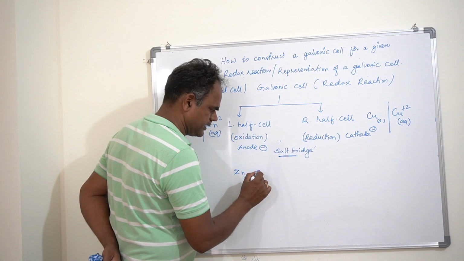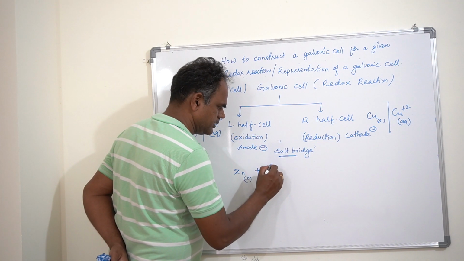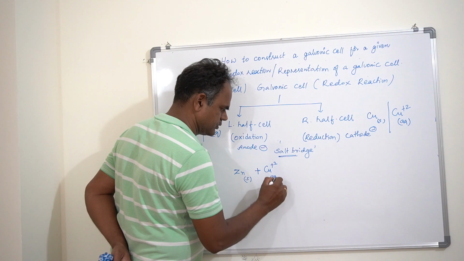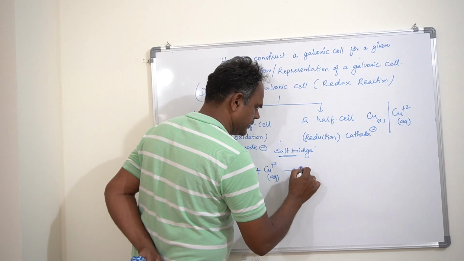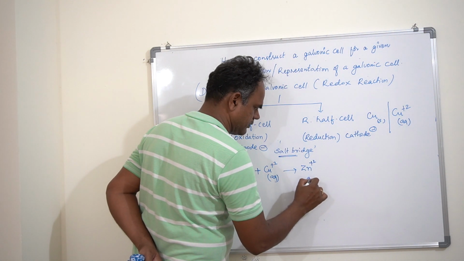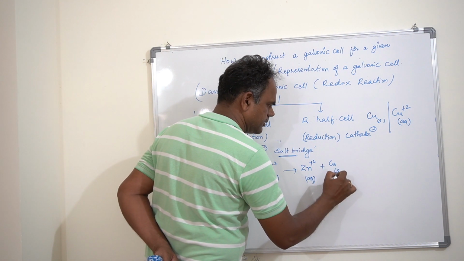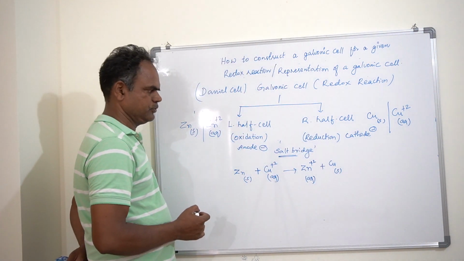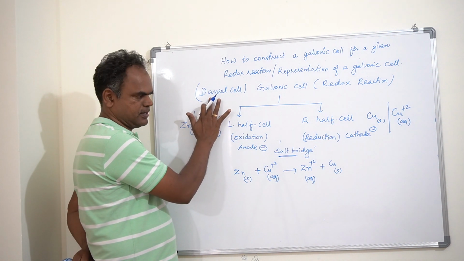I am writing the complete redox reaction. Zinc plus copper sulfate aqueous solution. Zinc reacts with the copper sulfate solution to form zinc sulfate aqueous solution, and copper metal is formed. So this is the redox reaction that takes place in the Daniell cell.